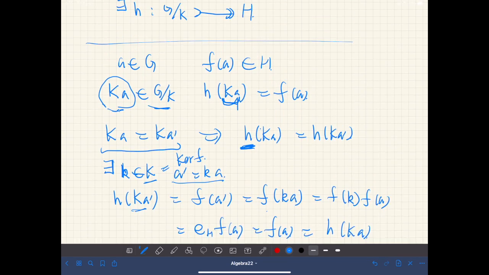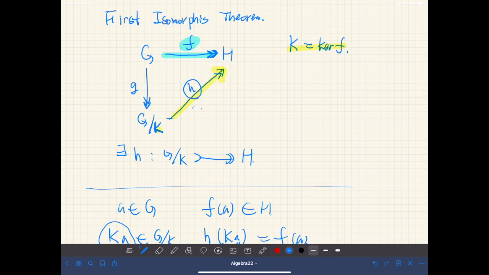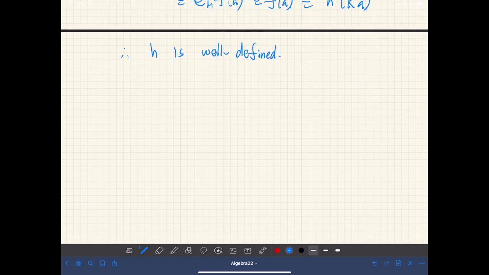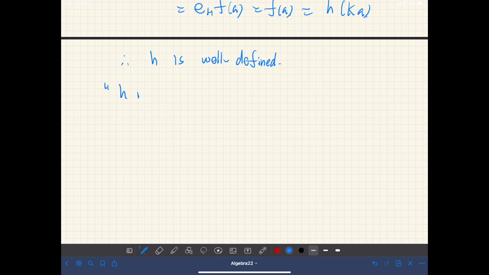Next, we show that this mapping H is surjective.